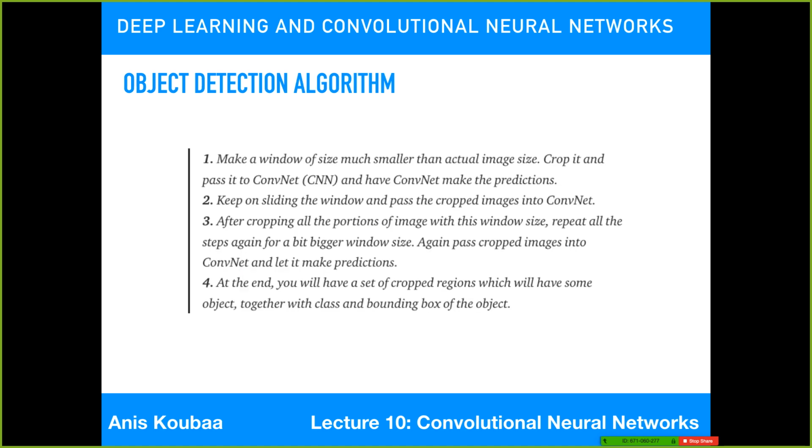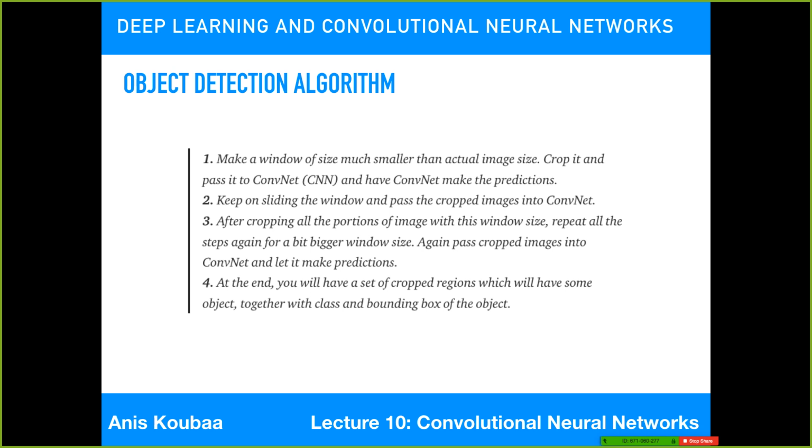So this is the algorithm. First of all, make a window of a size much smaller than the actual image size. Then we crop the image according to that window, and we pass this cropped image into a convolutional neural network and have the ConvNet make the prediction, like we did for object classification and localization. Then slide the window and pass the cropped images one by one to the ConvNet. I will show you the process in a while.